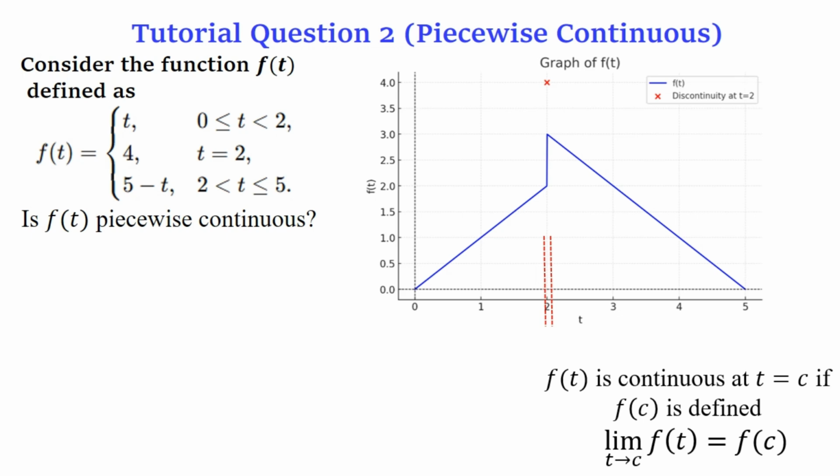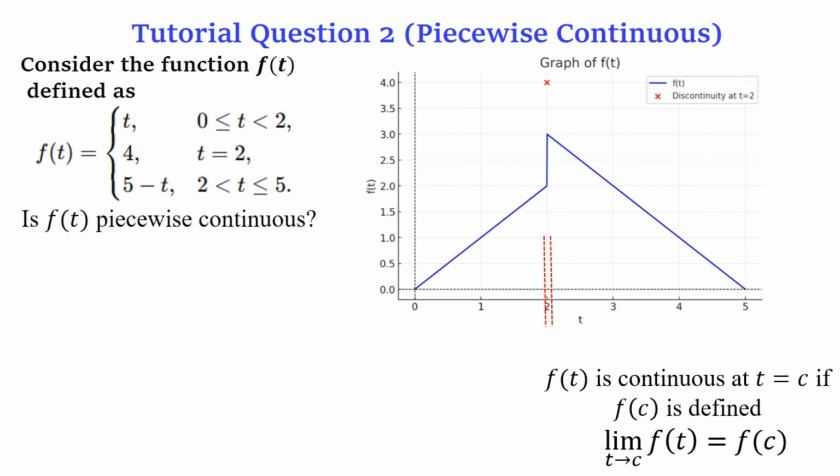But from the right-hand side, the function tends to another value, which is 3. But exactly at 2, the function is 4, which indicates that the function is discontinuous, because it does not satisfy this condition.